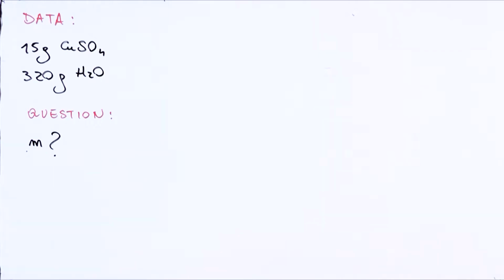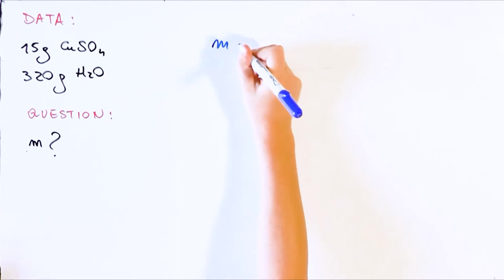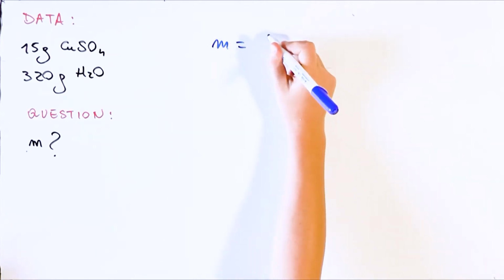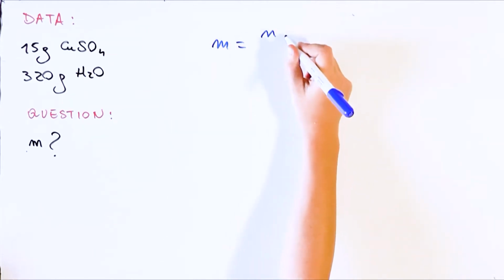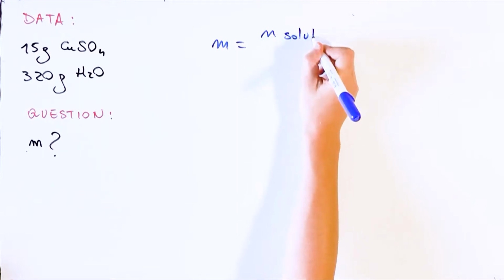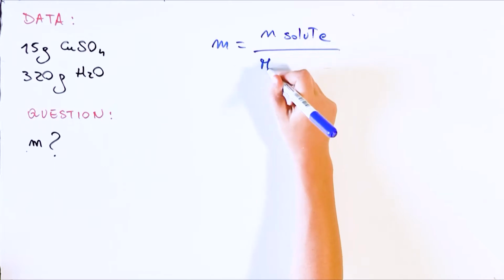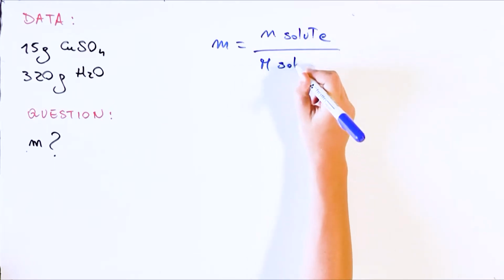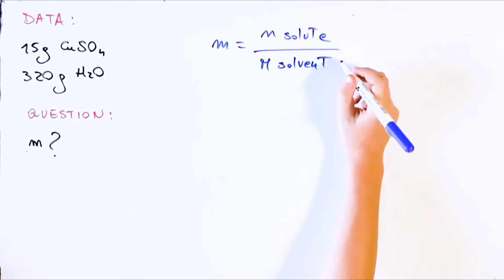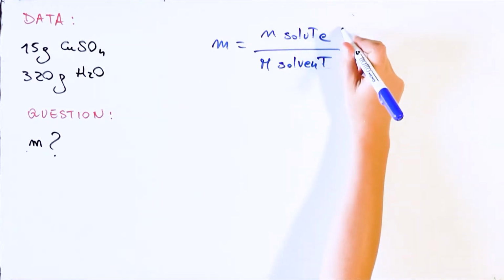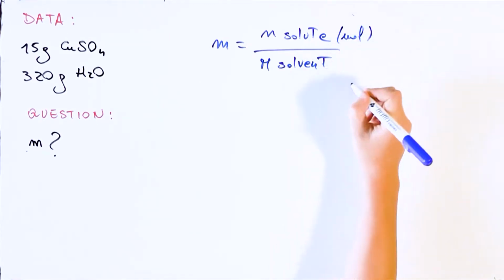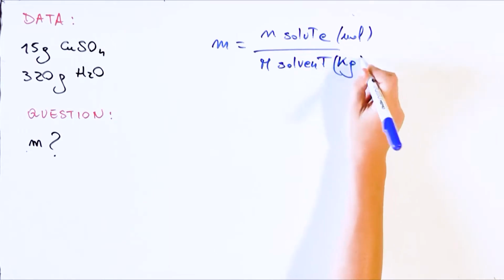Now, to solve this problem, we need to remind the definition of molality. Molality is the mole of solute divided by the mass of solvent. The units of measurement are mole, of course, and kilos.